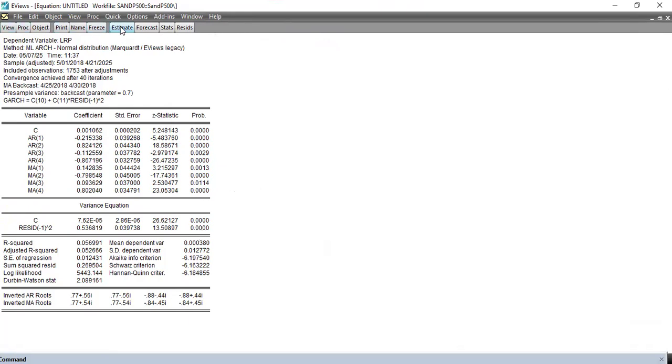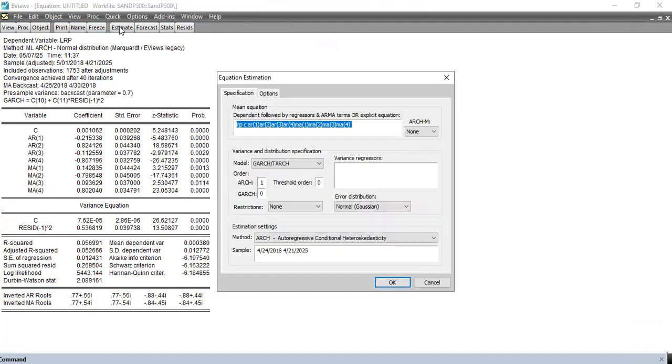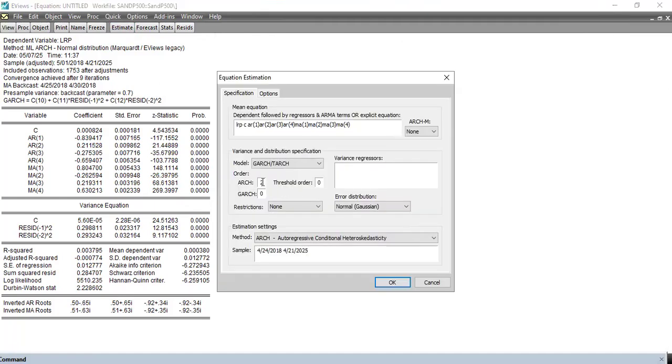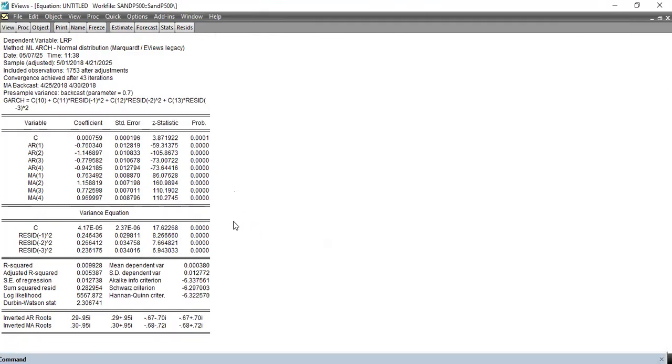Let's go for two ARCH effects, ARCH 2, same thing. Let's go for 3 ARCH effects. Again, we see all the parameters are significant.